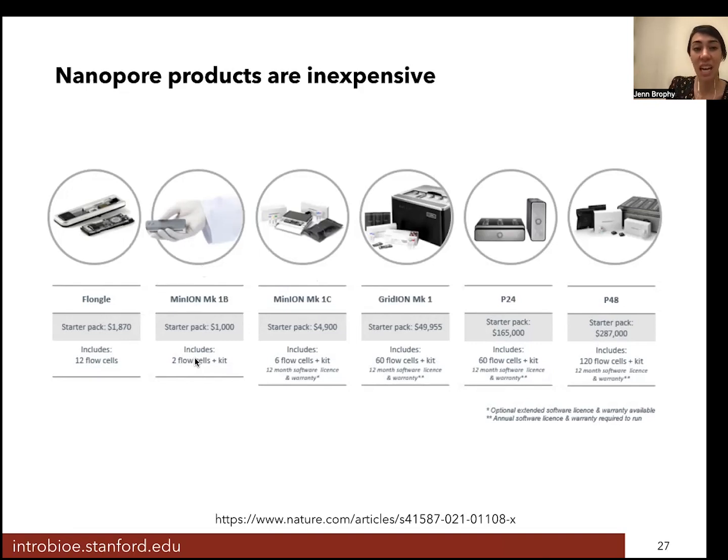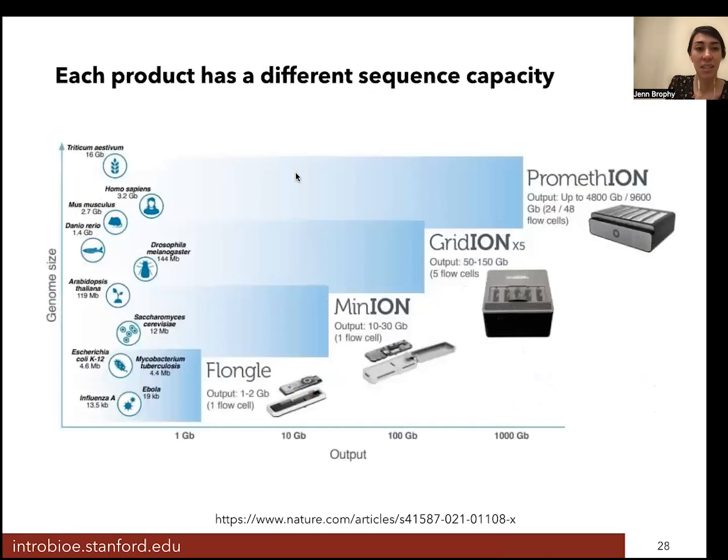So it's been really exciting to have Nanopore on the scene because it's made it easier to sequence all kinds of DNA samples. Each product, again, has a different sequencing capacity. So the flow cell sizes, the number of nanopores on each one are different. And so the more nanopores you have, the more chips you put in any one machine, the bigger the genome you can sequence.